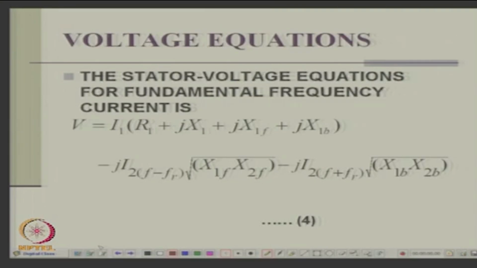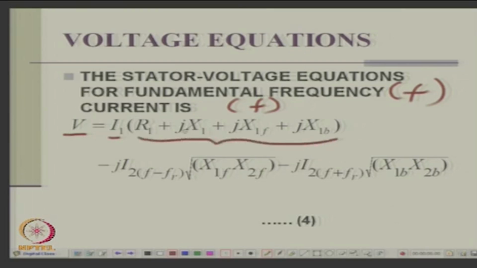Now, we have to go back from field to circuit. If I apply a voltage V in the stator winding of frequency F, you write a voltage equation for the fundamental frequency F because you are applying voltage V. So it will be I1 into Z1. But the rotor will also carry a current; rotor will be carrying two currents, one at frequency F minus Fr, another at frequency F plus Fr, is it not.